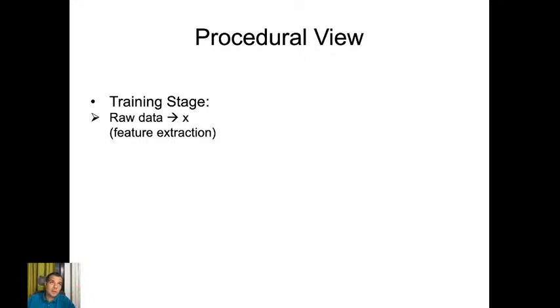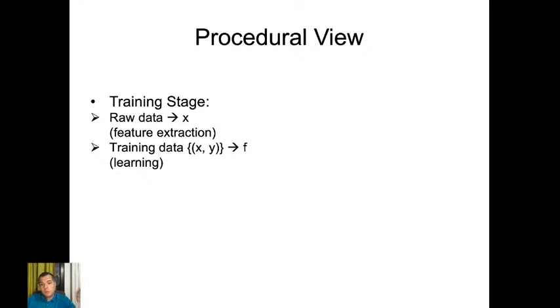This feature vector represents one data sample, so there is one vector for each sample in your training data, and this vector is from some Euclidean space R to the power of n. So one step here is the feature extraction, or representing the data. Data representation and feature extraction are the same thing.